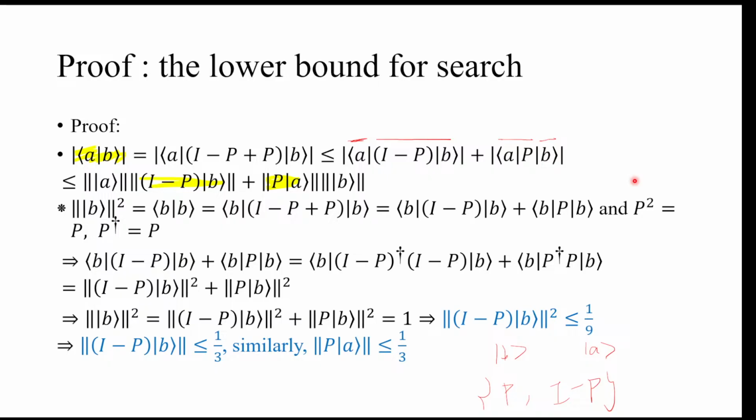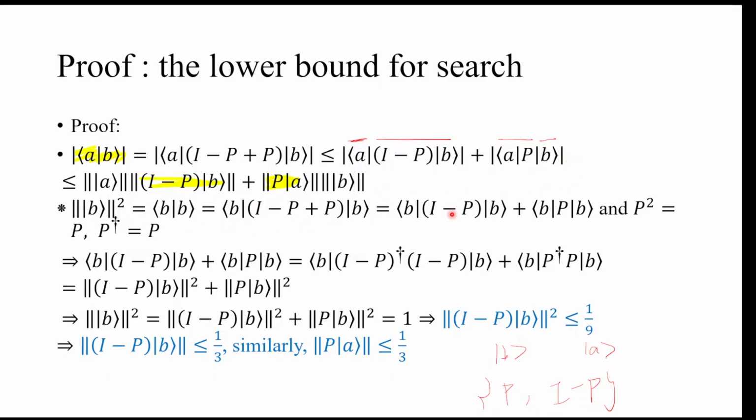We first use linearity to write this as the absolute value of two terms: A B sandwiching 1 minus P, and A B sandwiching P. Then by the triangle inequality of absolute value, this is less than or equal to this absolute value plus this absolute value. Then we stick together the parts we want.